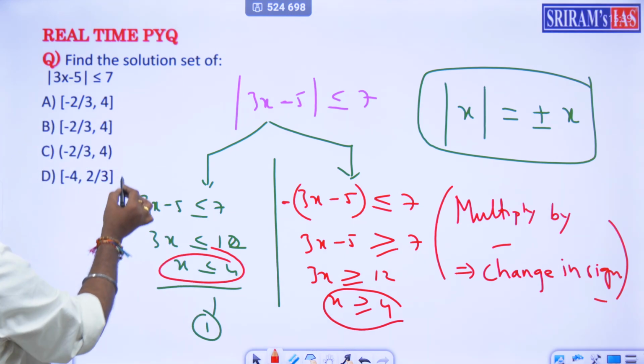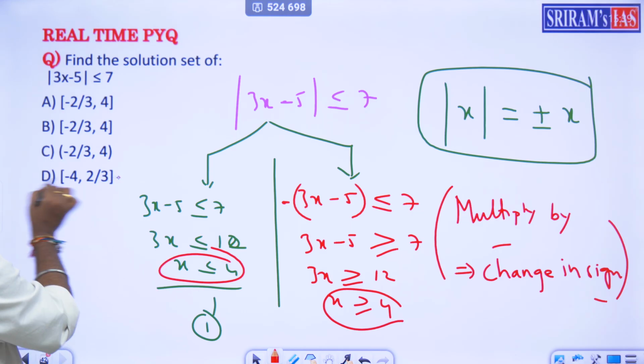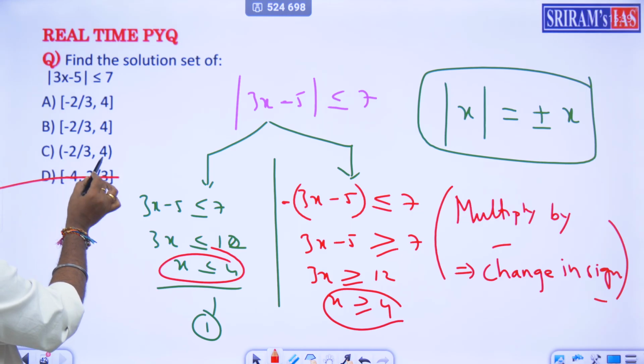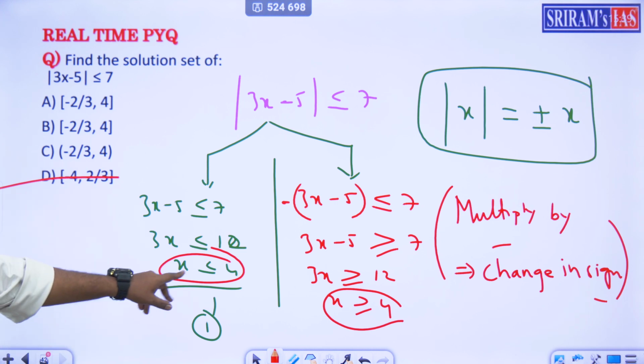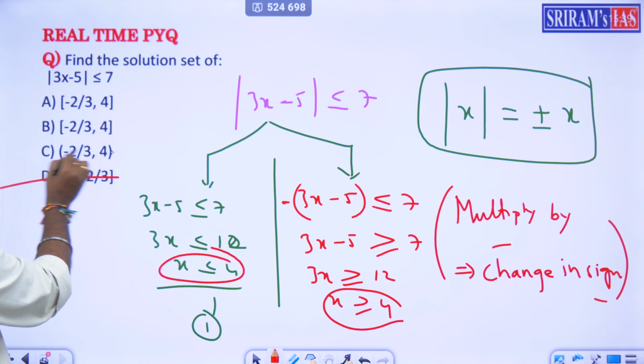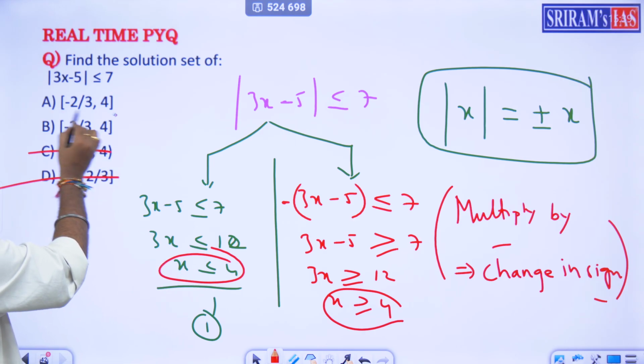Greater than 4, there is nothing, only equal to 4 is there. Minus 4 is not there, so you can eliminate this. Minus 2 by 3 comma 4, it can be equal to 4 also, so 4 must be included, so this is also gone. I need a range which is less than or equal to 4. Therefore, the answer is option B.